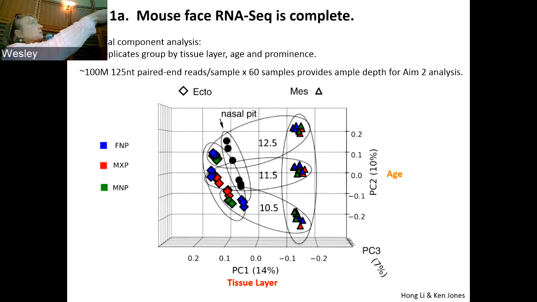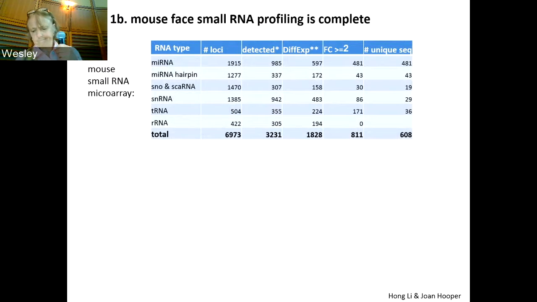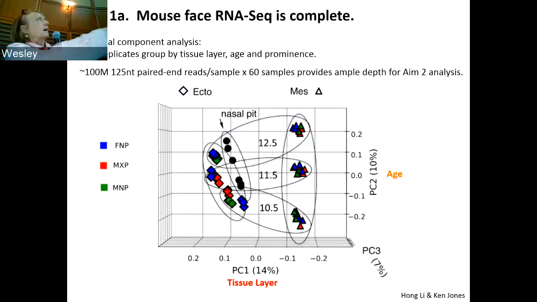It's quite remarkable depth, 100 million reads per sample, and the data seems to be quite high quality and reproducible, that the replicates cluster together very nicely, that they separate along principal components by tissue layer, ectoderm versus mesenchyme. Yes, here we go. And by age, and also by prominence.